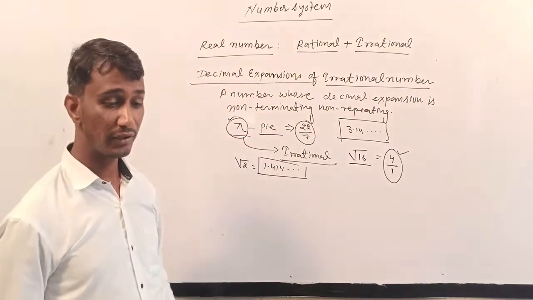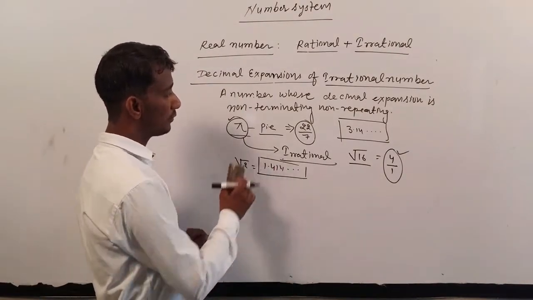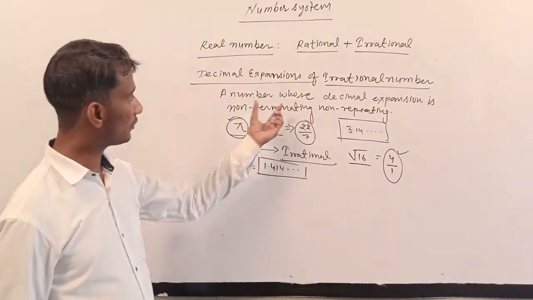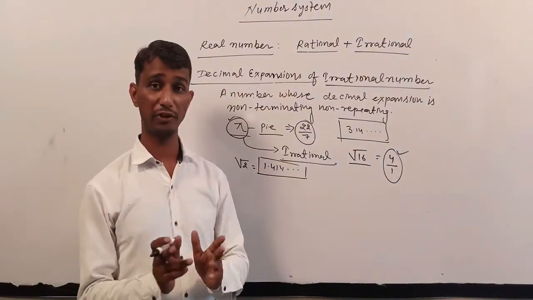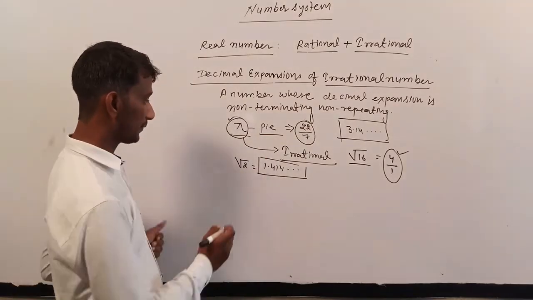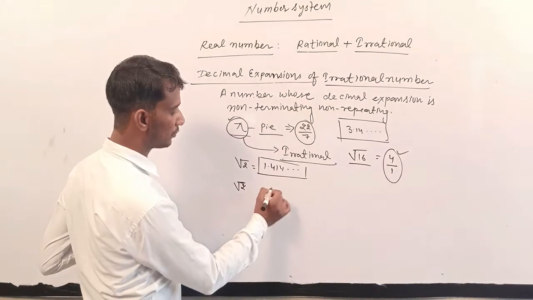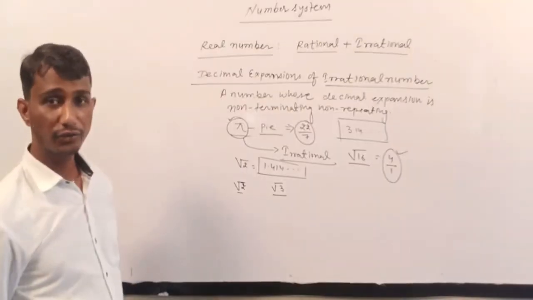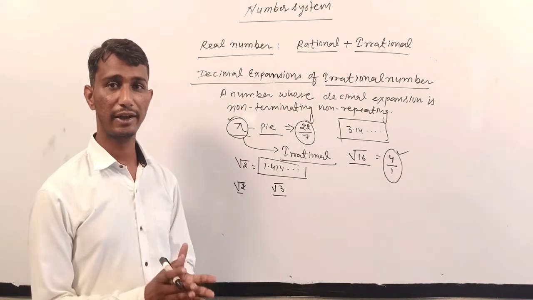Okay, now some examples of your exercise. And one more important topic, dear student: how many irrational numbers are there between two irrational numbers? Suppose I write two irrational numbers, root 2 and root 3. How many irrational numbers are there between them?